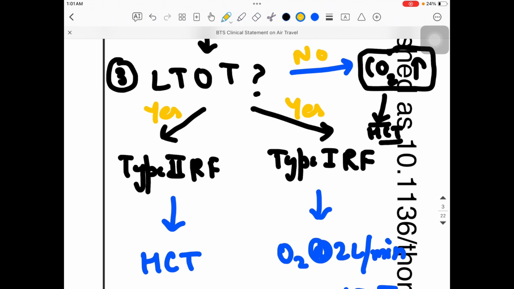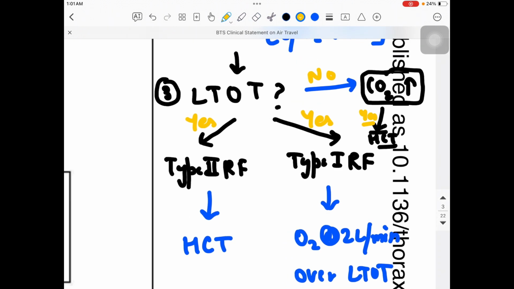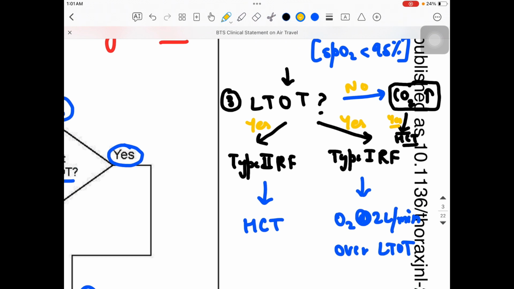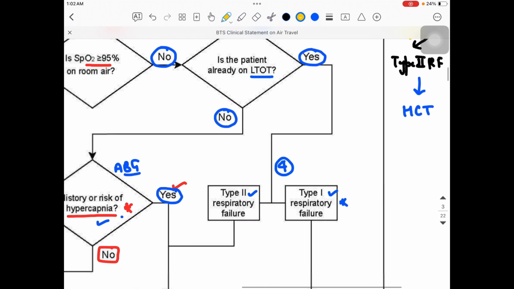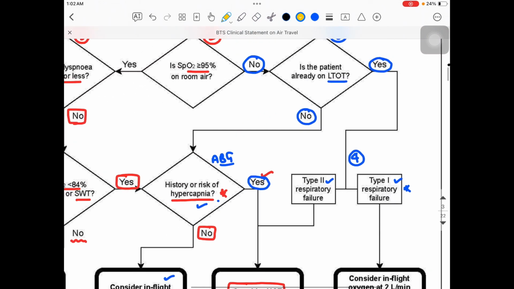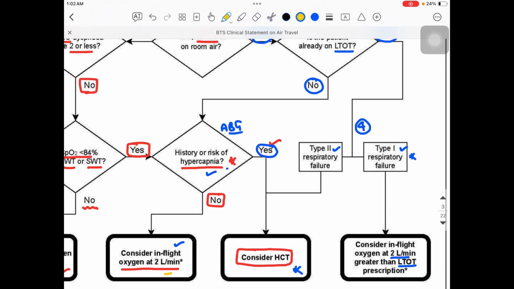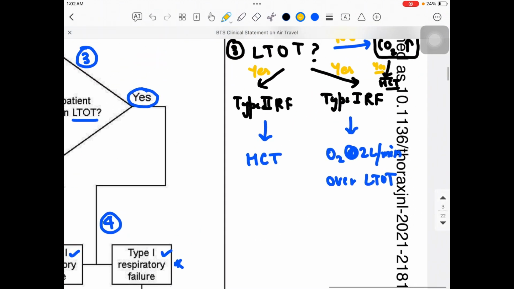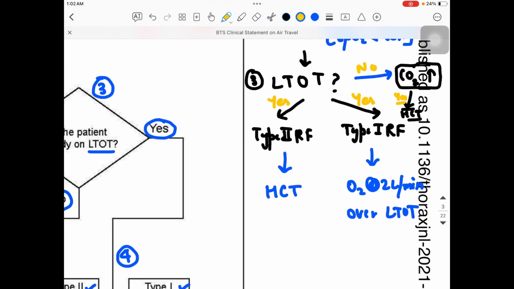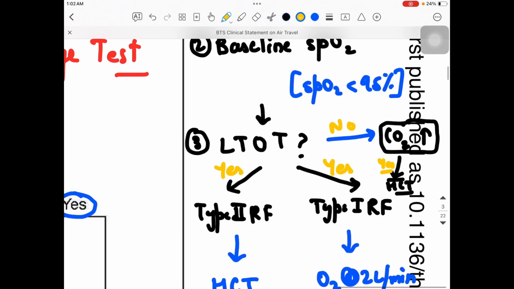If you see in the ABG that there is hypercapnia, they need the hypoxic challenge testing. Let's say they are not having hypercapnia, then you can simply allow them for the flight with oxygen at the rate of 2 liter per minute, right? If hypercapnia is not there in the ABG, then oxygen at around 2 liter per minute they can be allowed like that.